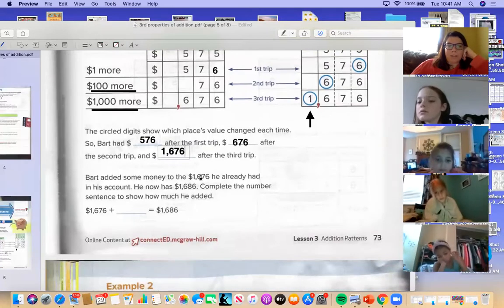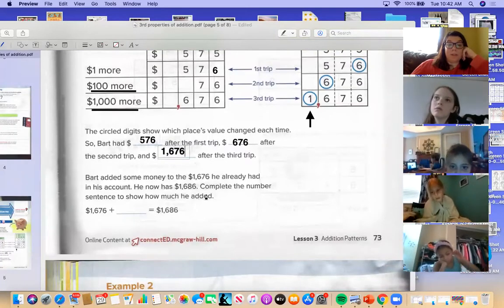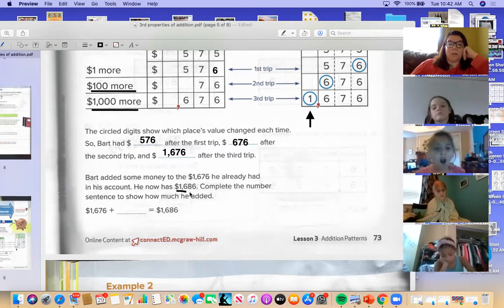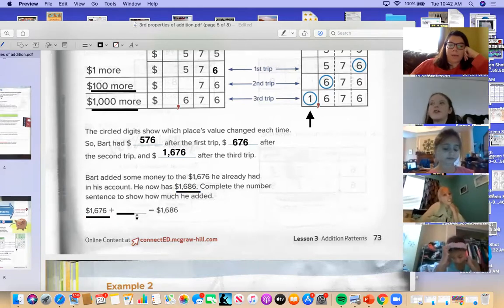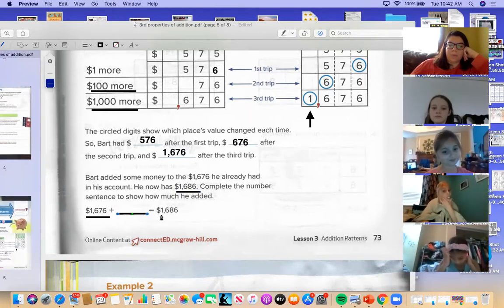Bart added some money to the $1,676 he already had in his account. He now has $1,686. Complete the number sentence to show how much he added. So 1,676 plus what gave us the 1,686?